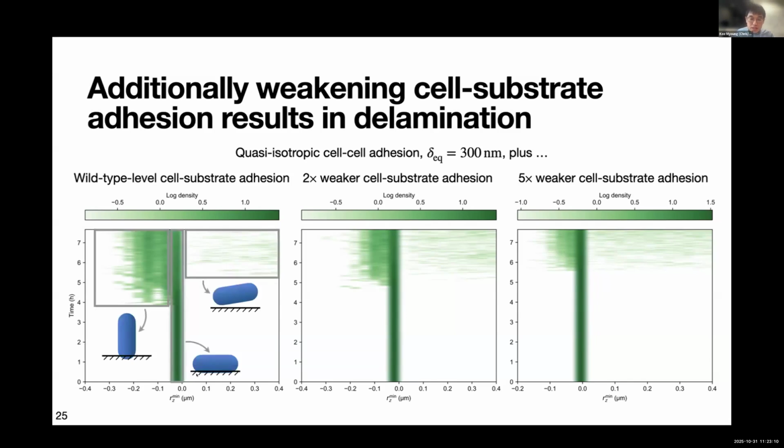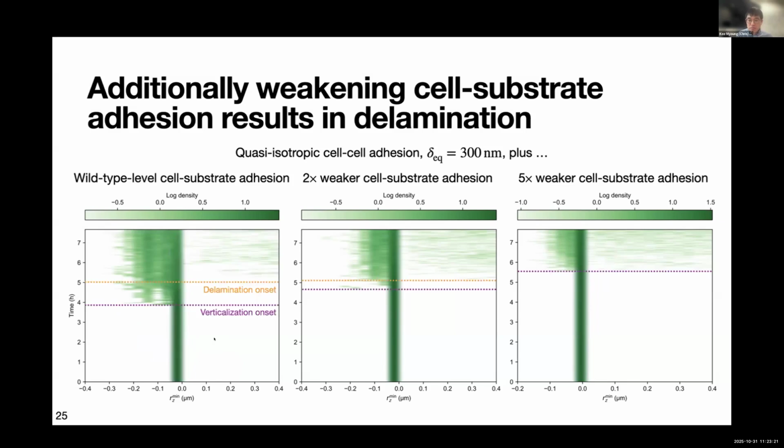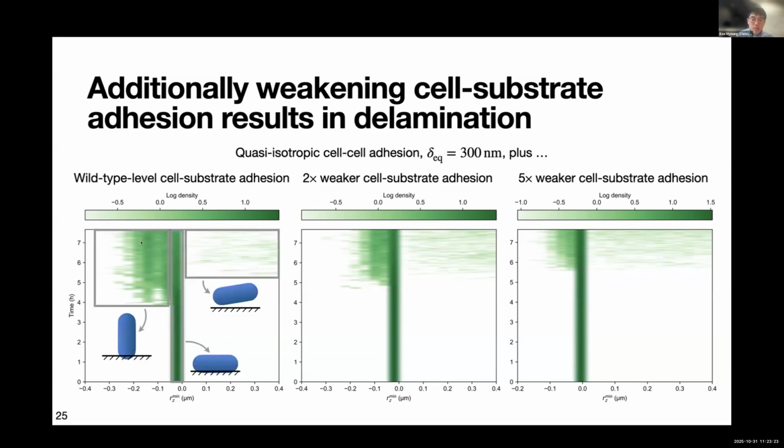And how to read these plots is that basically there are three subpopulations at play. There's this horizontal population that's attached to the substrate. There is this population here of cells that are tilted or vertical, but still attached to the substrate. And there's this population of cells that are suspended, that have been delaminated from the substrate.